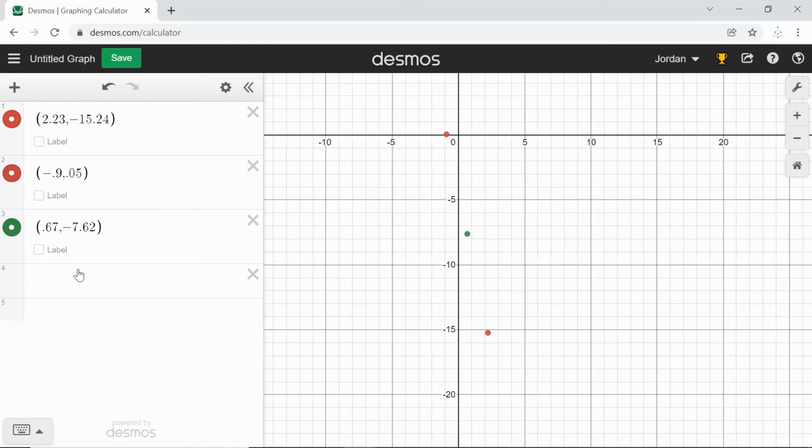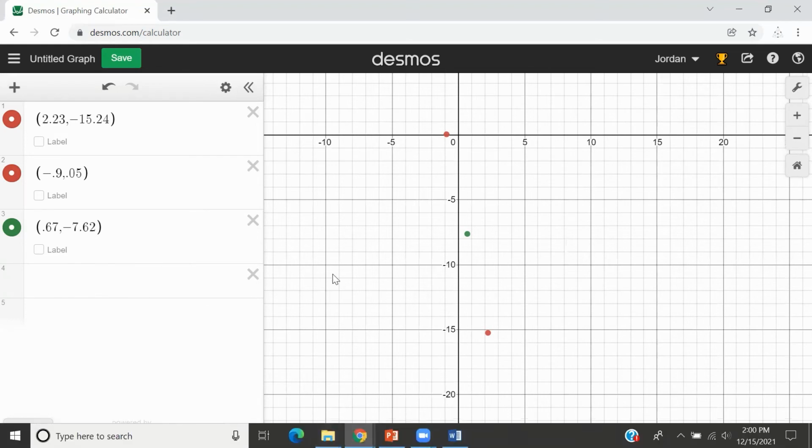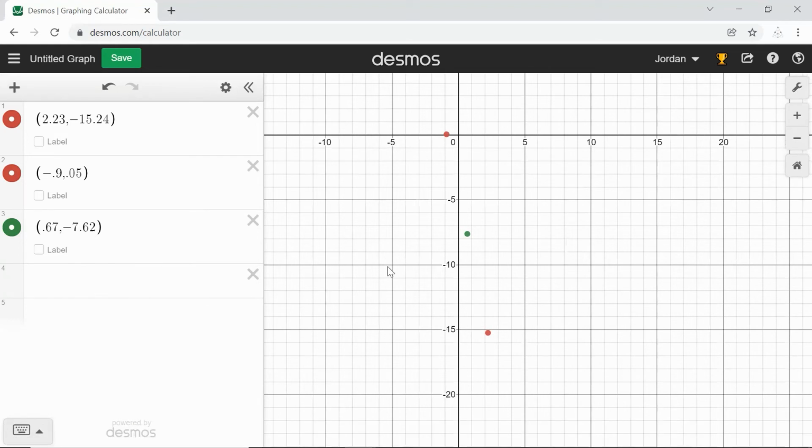Also, I know that the limit as x goes to negative infinity is negative infinity. If we're going to draw this, that means to the left of this red critical point, I need to be doing something like this.